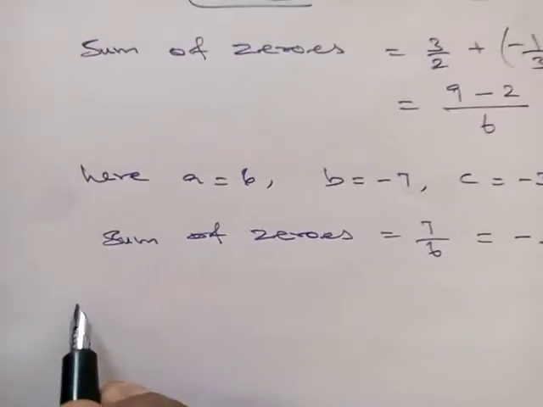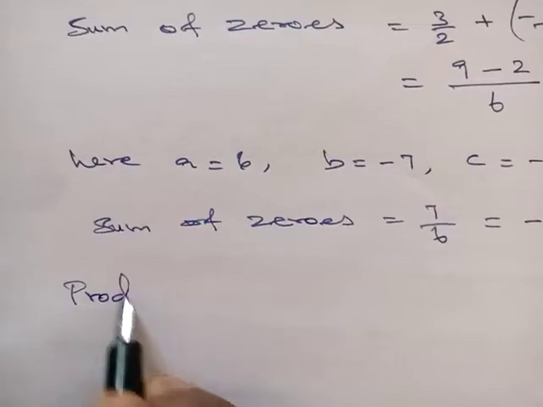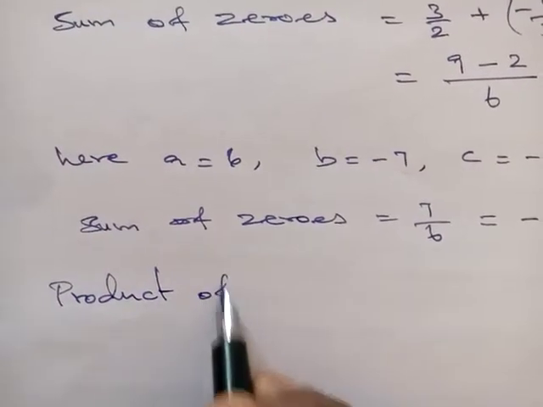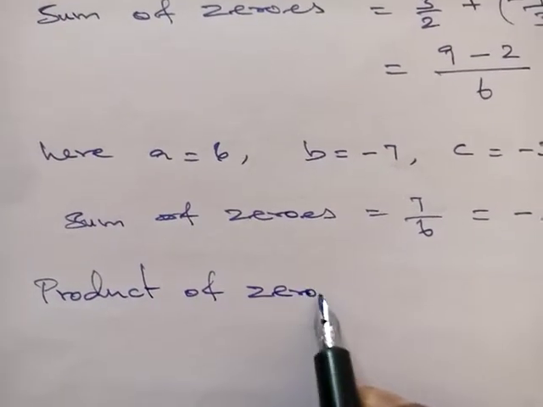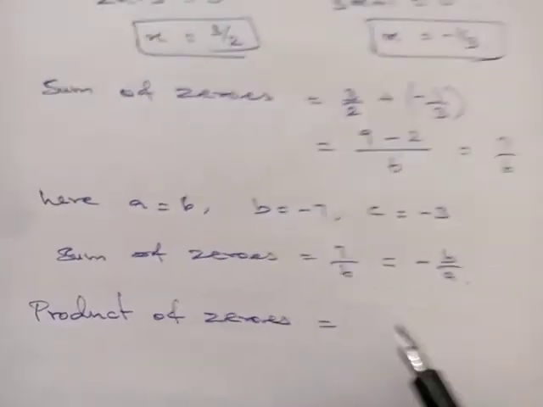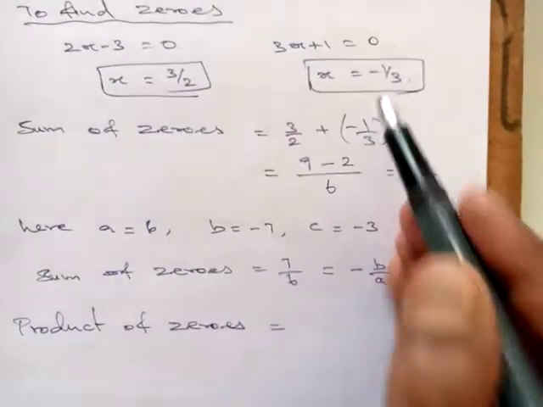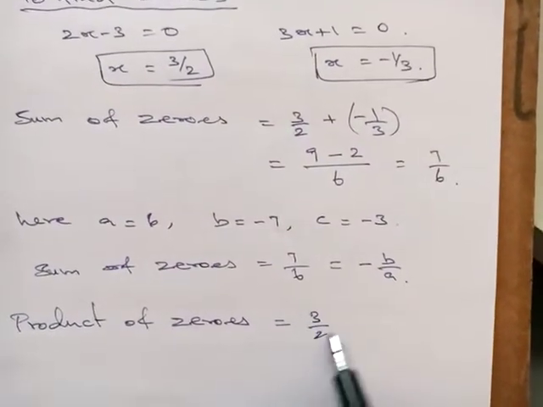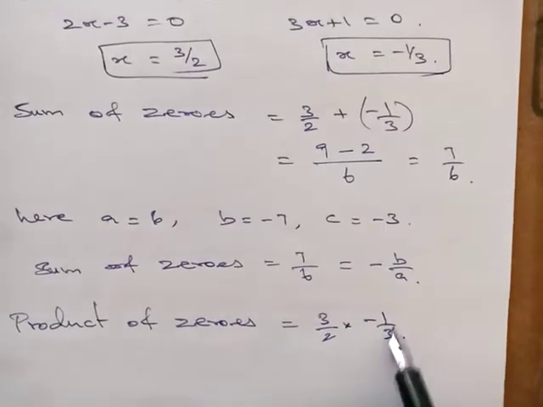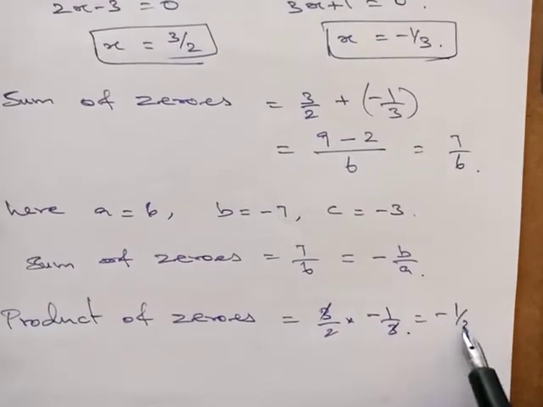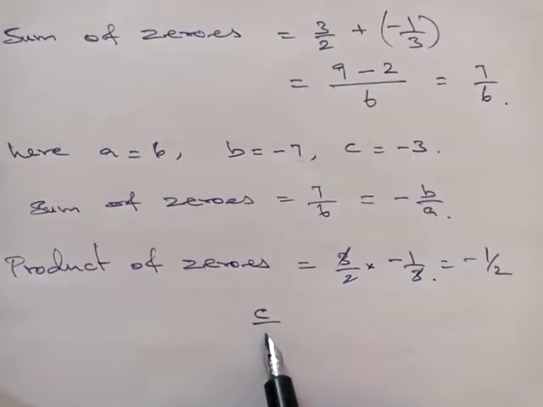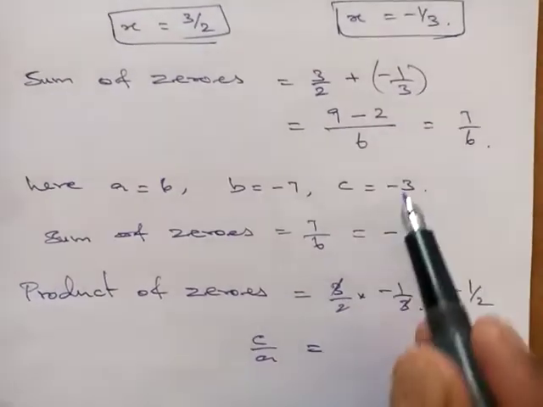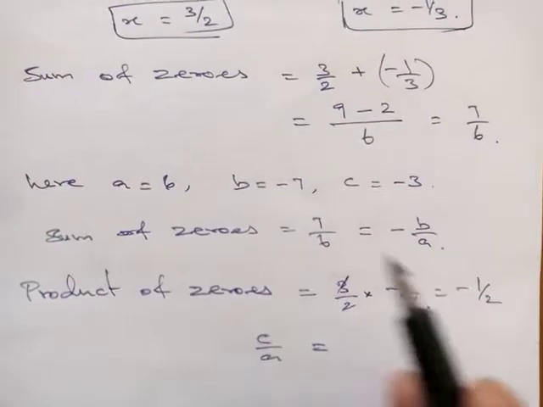Now the product of zeros. The product of zeros is nothing but 3/2 into −1/3. The 3s cancel, −1/2. What is c/a? c/a is nothing but c is −3, a is 6.